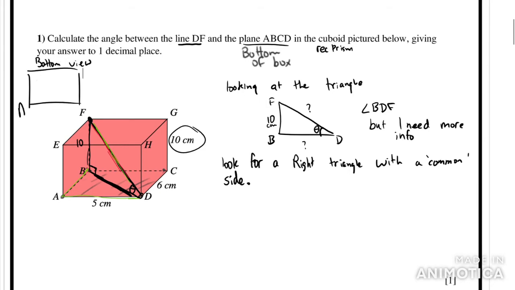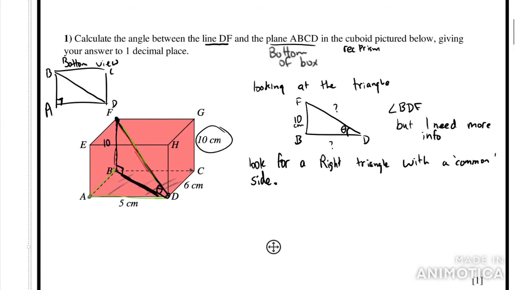I have A, B, C, and D. I've already drawn B to D, and I notice that, oh hey, if I work with these lines here, I actually have a right triangle. I know that B to A is 6 centimeters, and A to D is 5 centimeters. So now I can actually solve for this one.